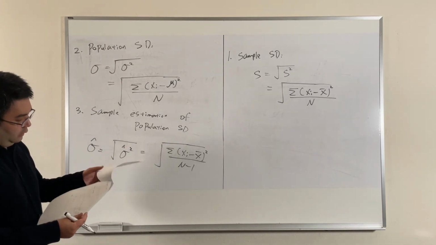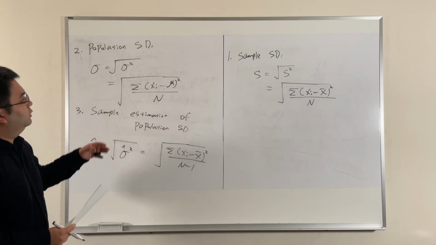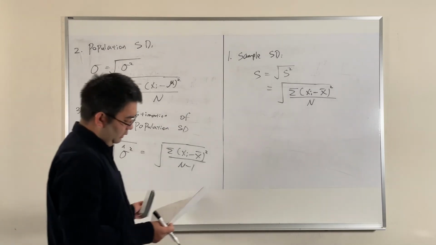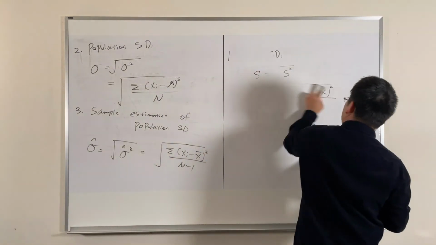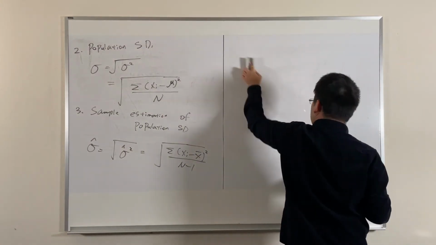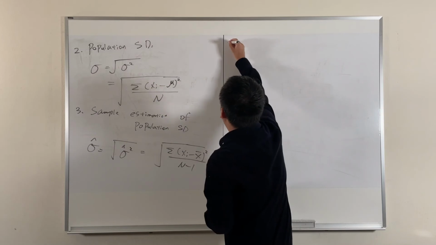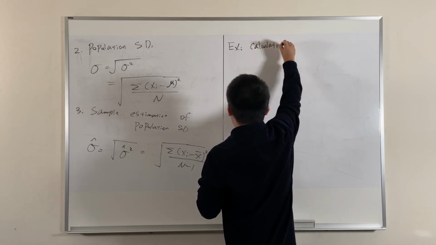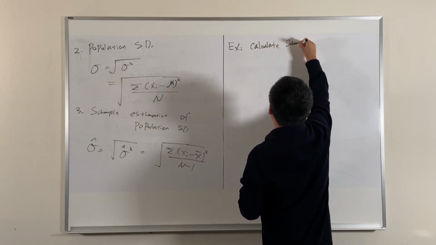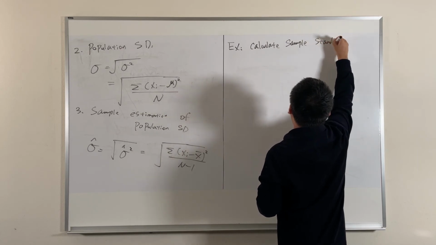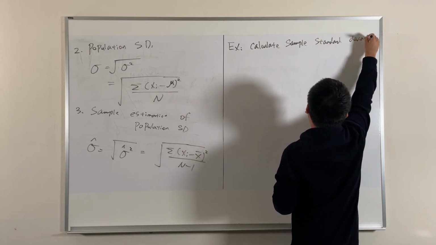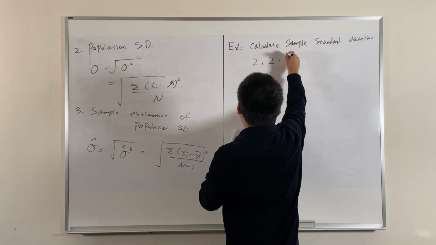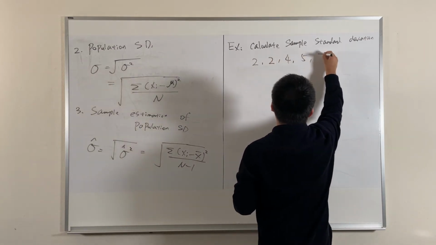Now I want to give you a quick example to show you how to calculate these values. So for example, we want to calculate the sample standard deviation, and the data points we have are 2, 2, 4, 5, 7, and 10.